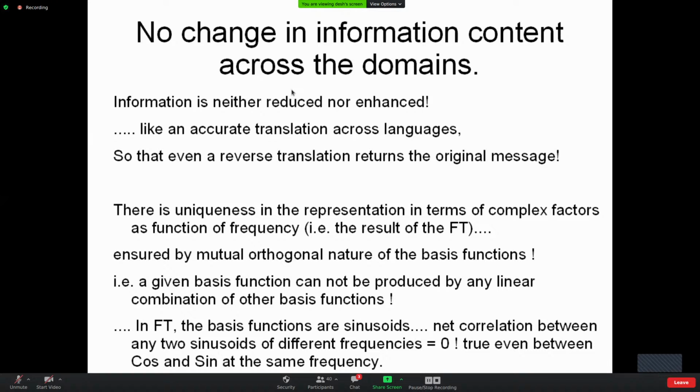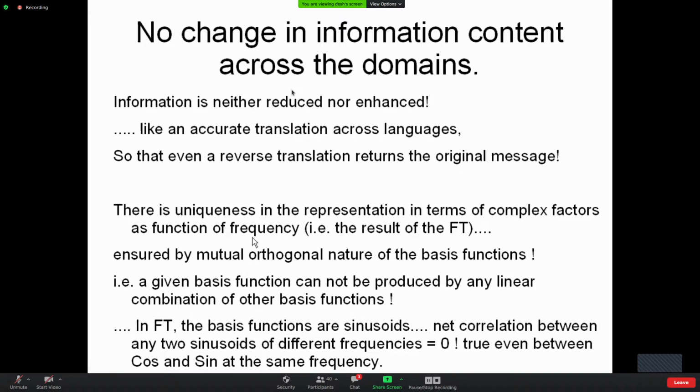In cases where there are nonlinear transforms, you will find that some mixing would have happened, and that mixing cannot be uniquely undone, which might make it harder. So both reversibility and the information content not being changed are related to the linear nature of the transforms.